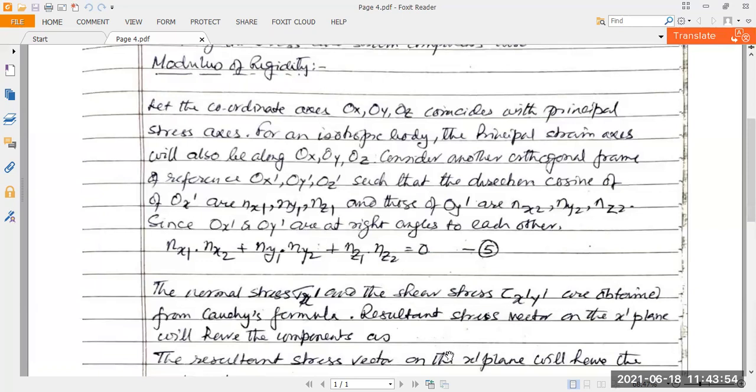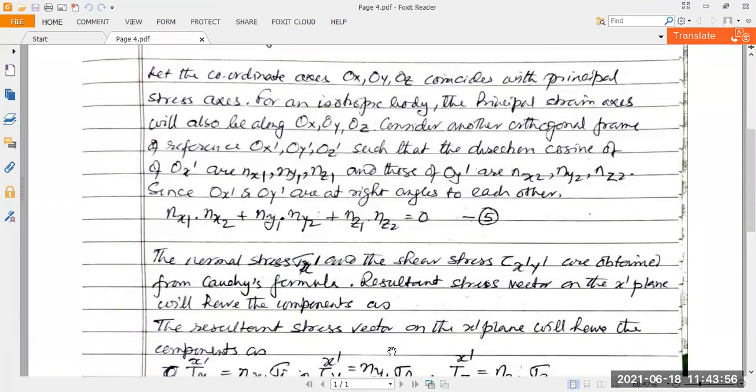Now, say in the coordinate axes OX dash, OY dash, OZ dash, we have a normal stress sigma x dash acting over a plane, and on the same plane there is a shear stress tau x dash y dash.